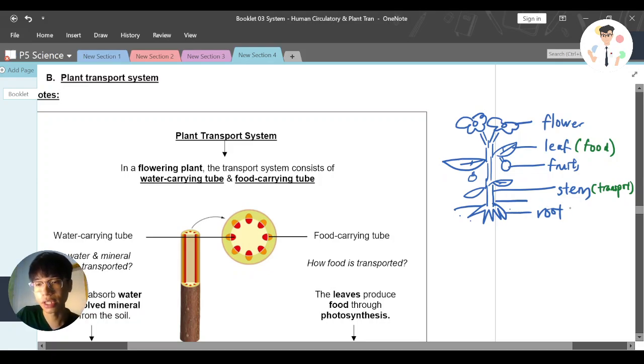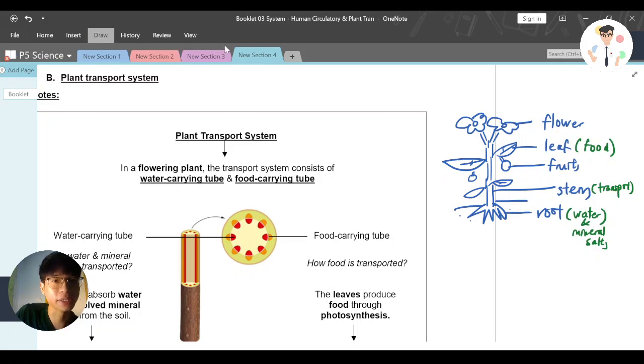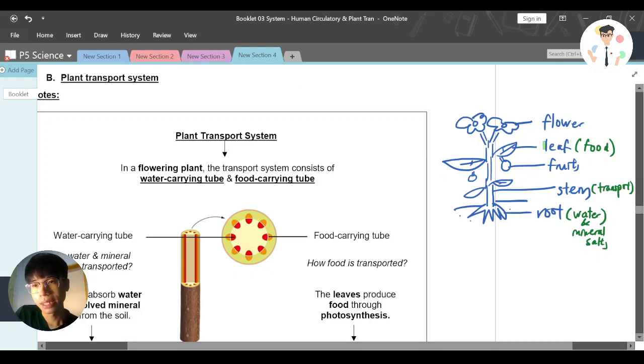Okay, and if you look carefully at what we are discussing right now, leaf produces food, stem transports the items, substances, roots absorb water. I mean, let me just add on mineral salt. And from here, you can see a very clear idea. Leaf, food, stem, transport, root, water, and mineral salt.